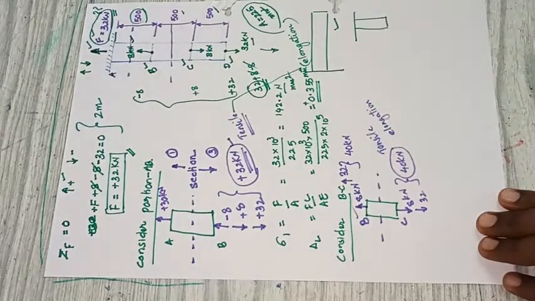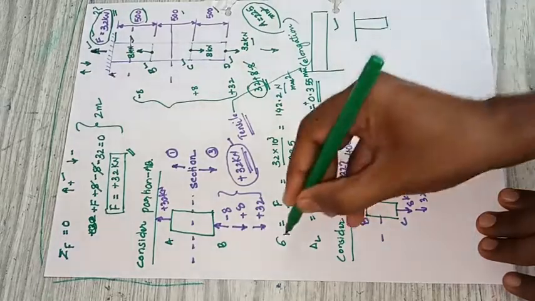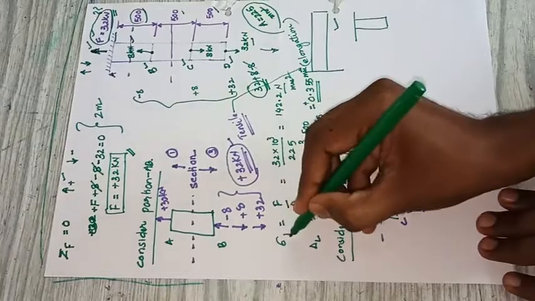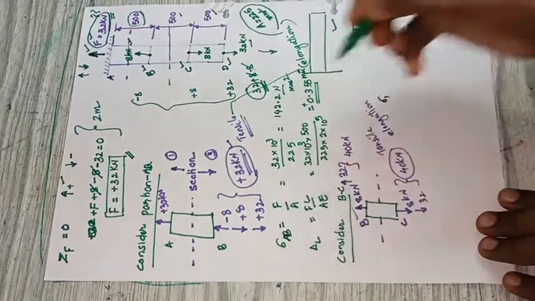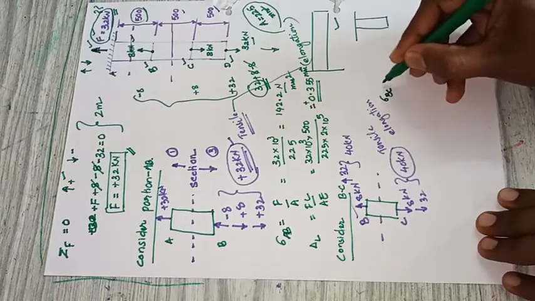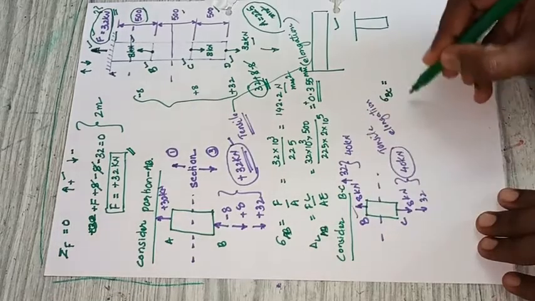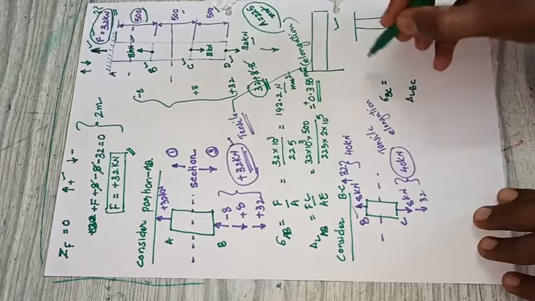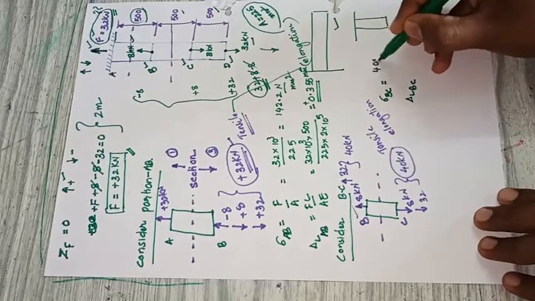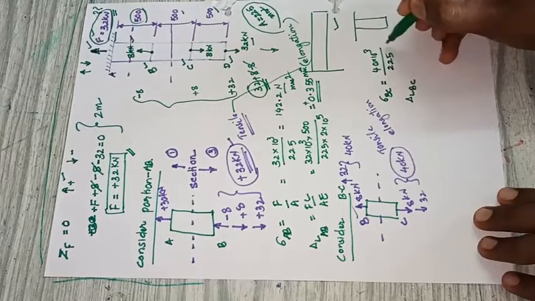Okay, next we will find sigma. You can take sigma 1 for the first, or you can write here as AB. Here I will write BC. The change in the length also, here it is delta L AB, and here it is delta L BC. Same thing: the force is 40 into 10 raised to 3, and the area is the same, 225.